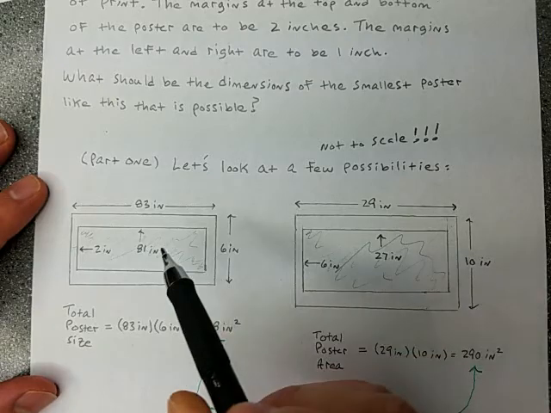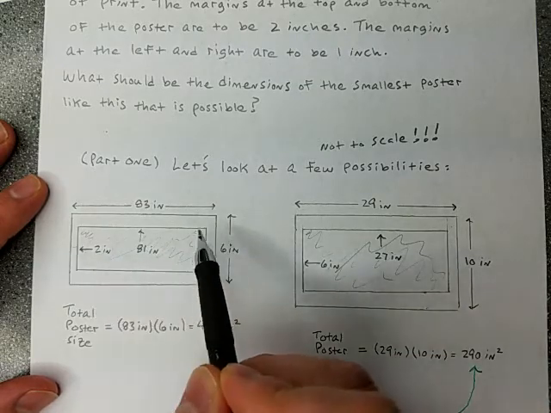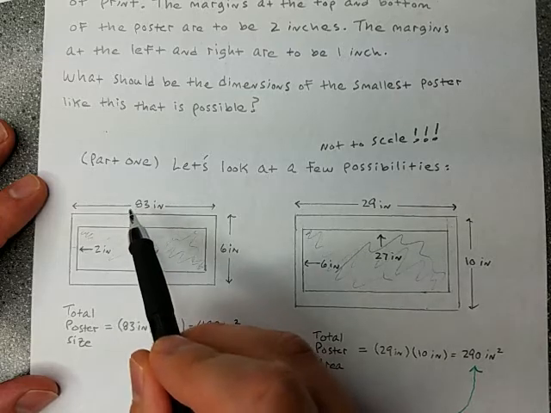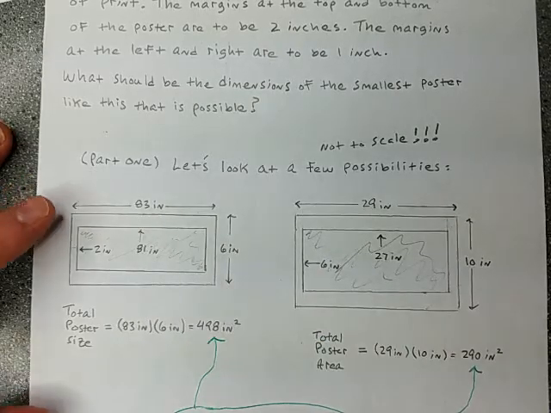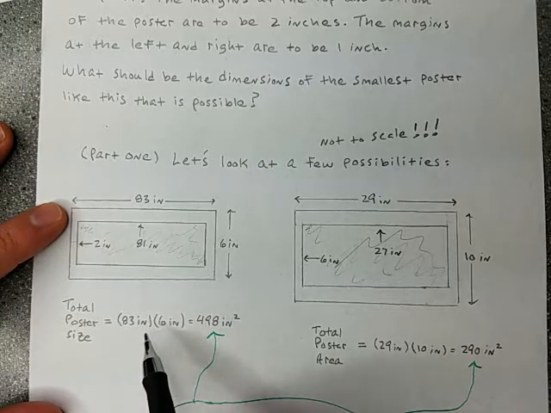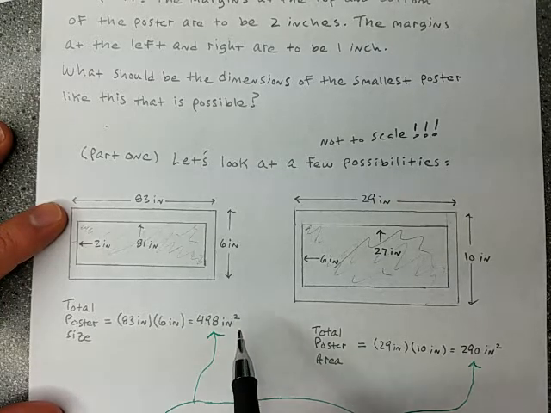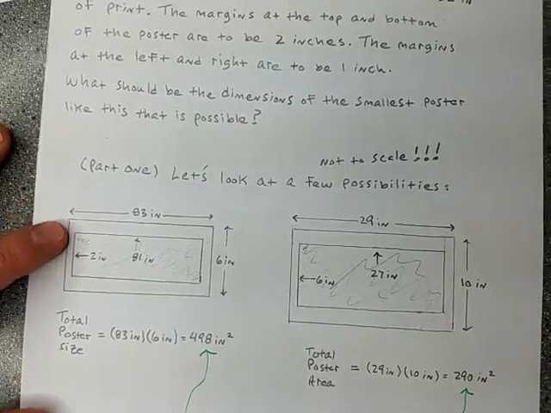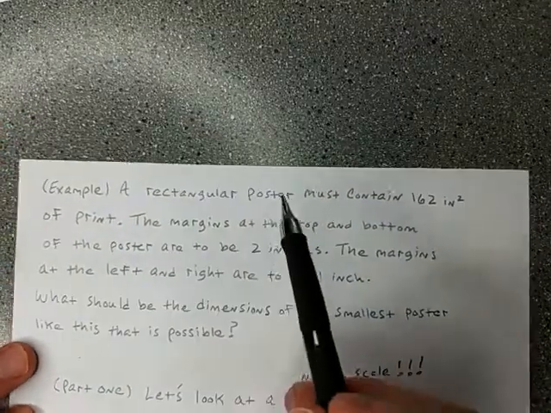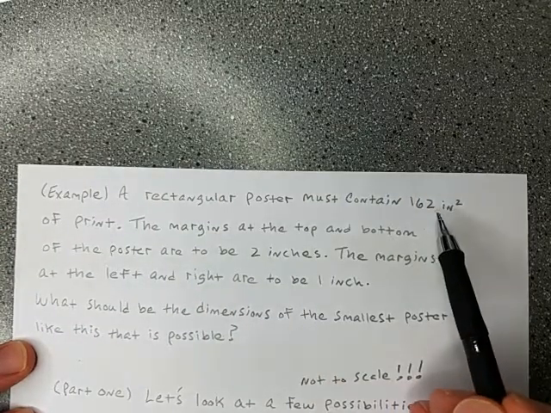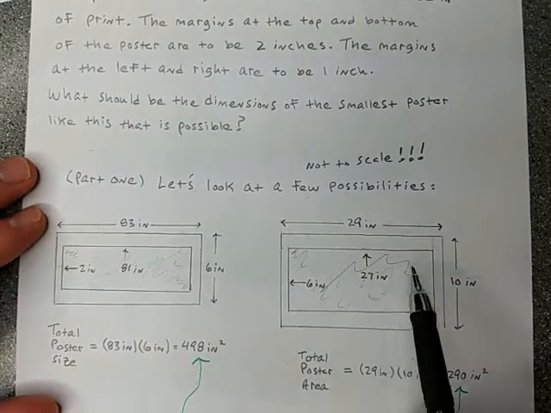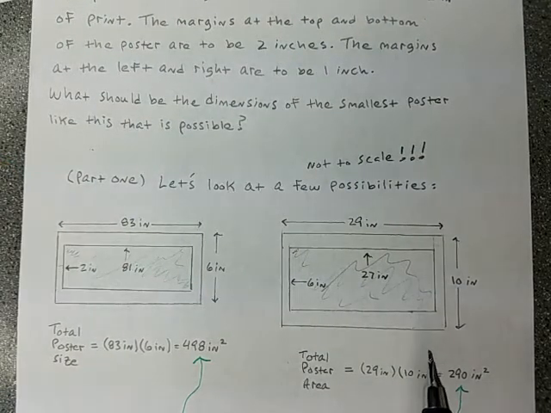So with the dimensions of the printed space plus the margins factored in, this poster is 83 inches by 6 inches. The total poster size is 83 times 6, or 498 square inches. That's one way it can play out. That's one way that you could have a poster with this much printed space on it and with the margins that are described. But there's lots of other ways.